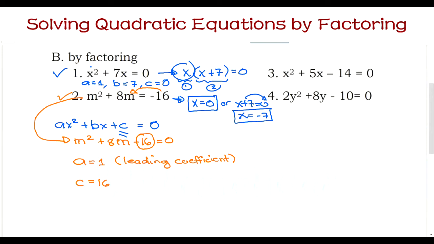Anong gagawin natin dun sa C? Mag-iisip kayo ng factors ng 16. Ibig sabihin, dalawang numbers na kapag pinag-multiply mo ang sagot, 16. Pero, dapat yung dalawang numbers na yon, kapag pinag-add ko, ang magiging sagot yung B. Ito naman yung coefficient ng ating M dito.